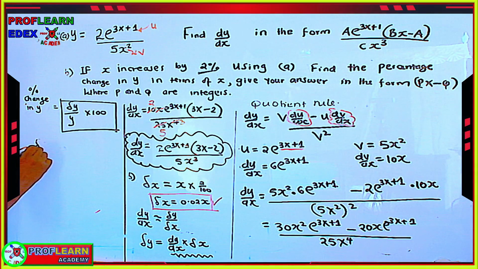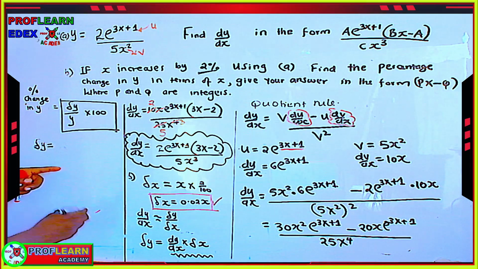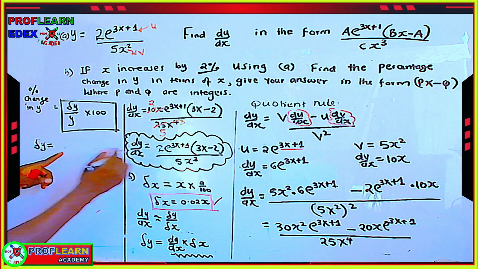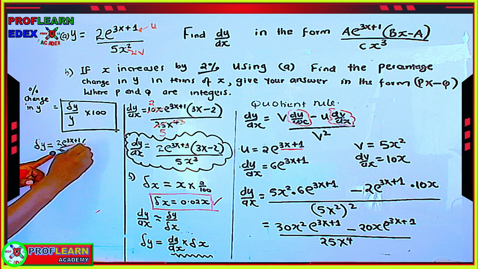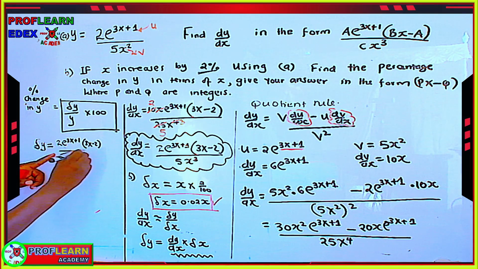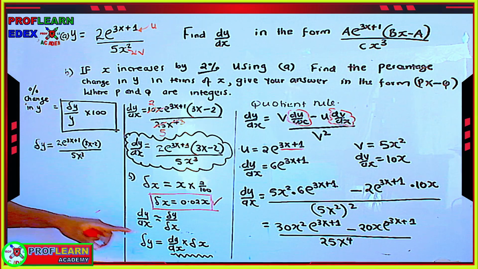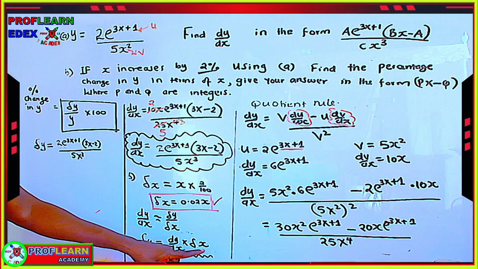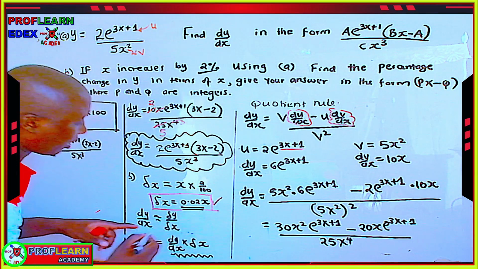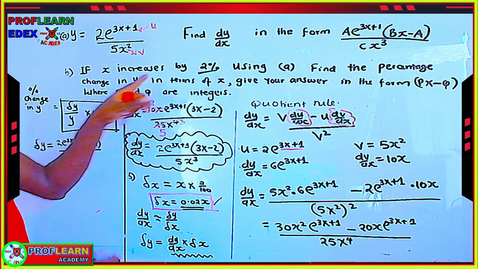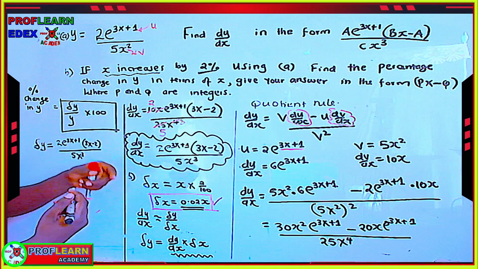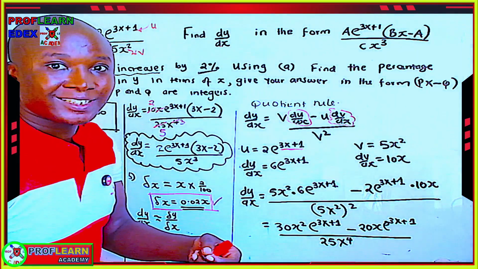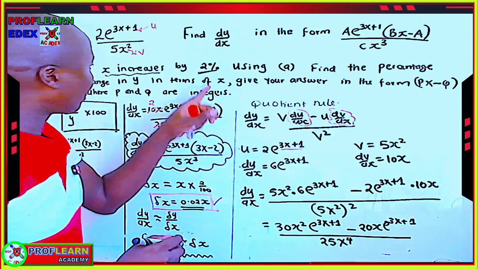Small change in y is going to be dy/dx, but dy/dx is this, 2e^(3x+1)(3x-2) over 5x cubed, times small change in x, and small change in x is this part that we got from the 2%, because the increase in x is going to be x times the percentage, but in decimal.